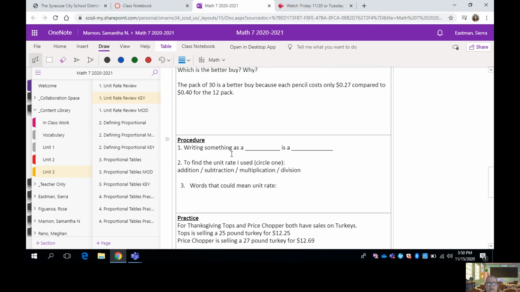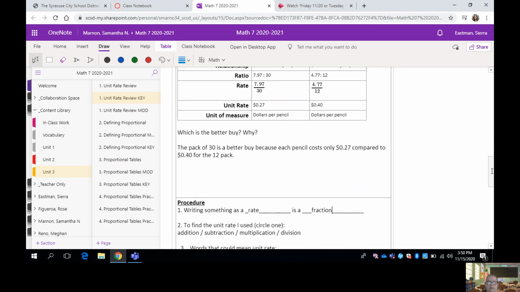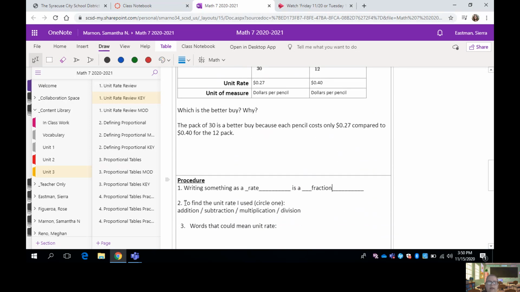So the procedure we just did is writing something as a rate, which looks like a fraction, right? Then to find the unit rate, we had to divide. So writing something as a rate is the same thing as a fraction, but to find our unit rate, we take that fraction and divide.